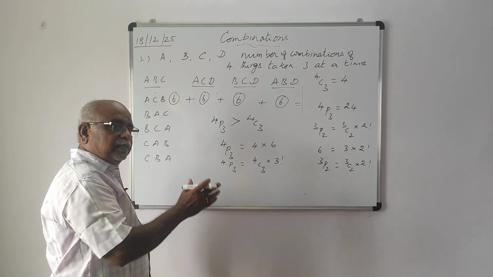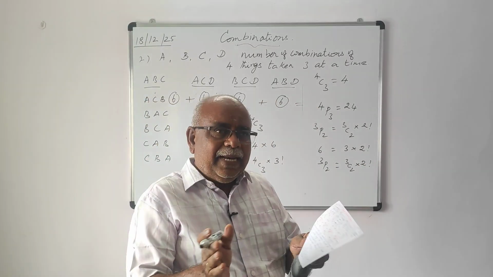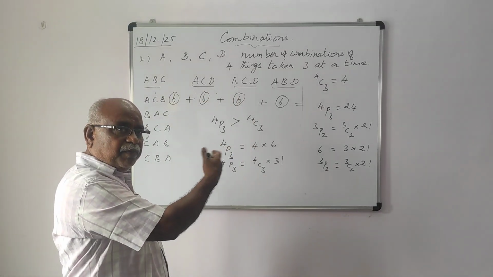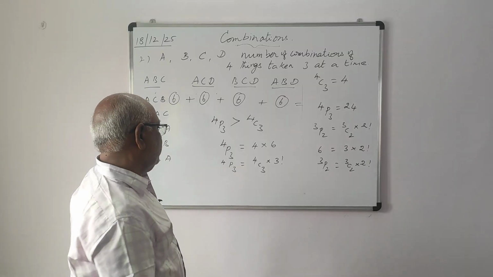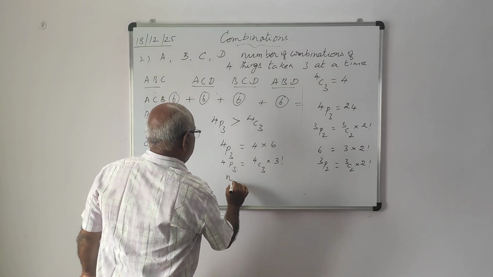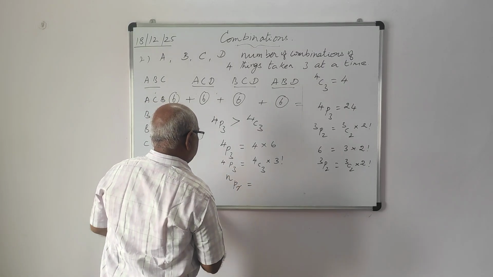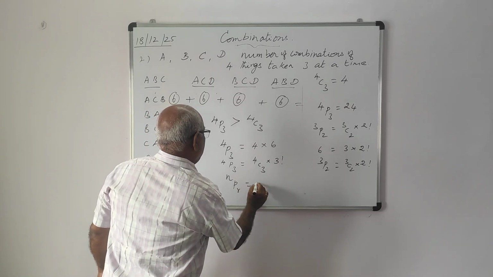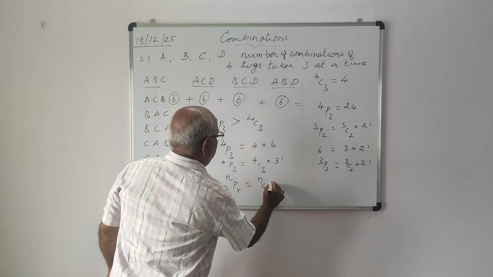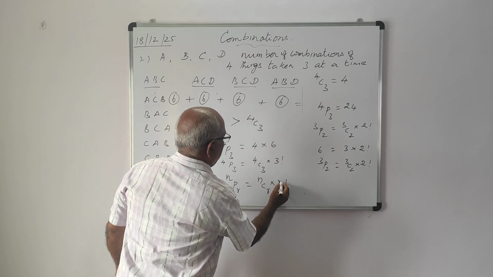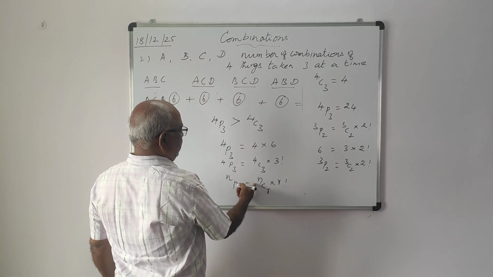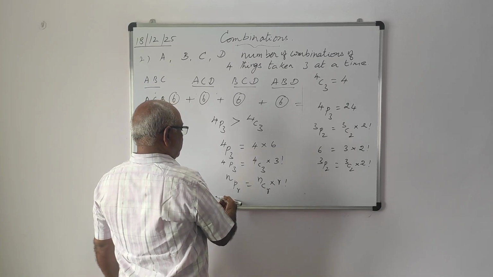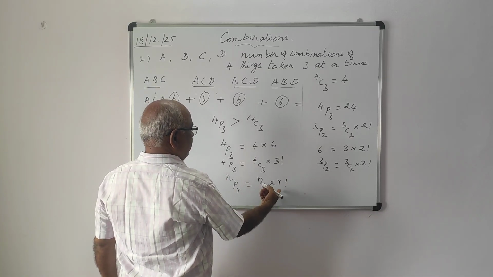So, like that, now I am comparing permutation and combination. I am establishing the relation between permutations and combinations. From this, I generalize that nPr equals nCr into r factorial. The number of combinations of n things taken r at a time, nCr, into r factorial is nPr. So nPr is equal to nCr into r factorial.